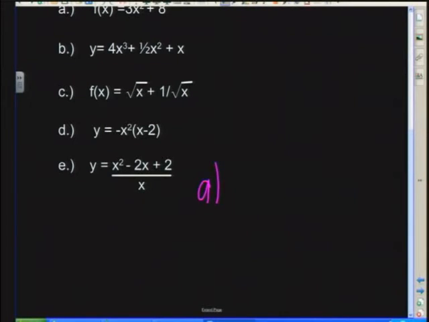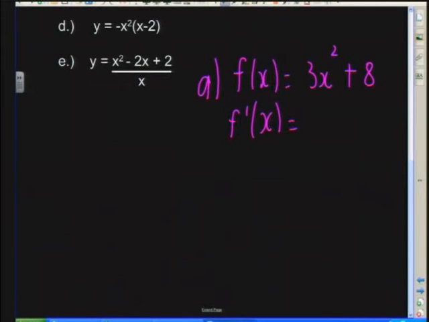We are asked to find the derivative of f of x is equal to 3x squared plus 8. All right. So we set it up: f dash of x is equal to, now we're going to use the power rule. So the power rule says, okay, let me write it down for you again.